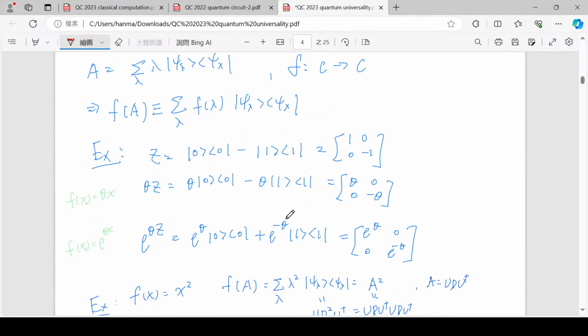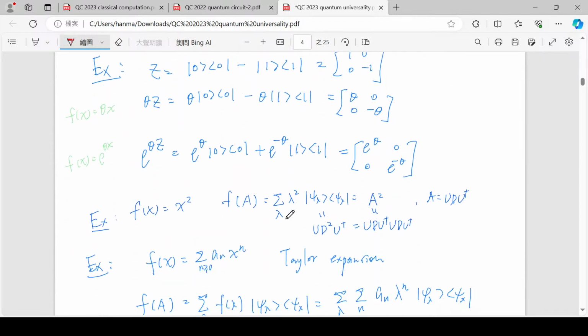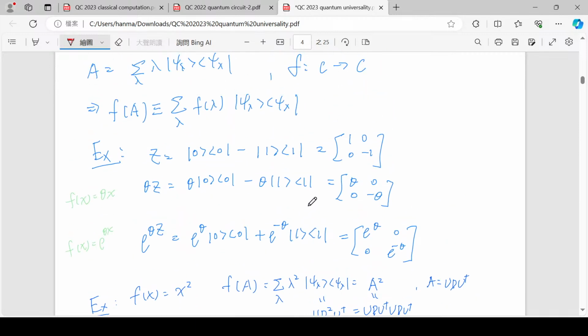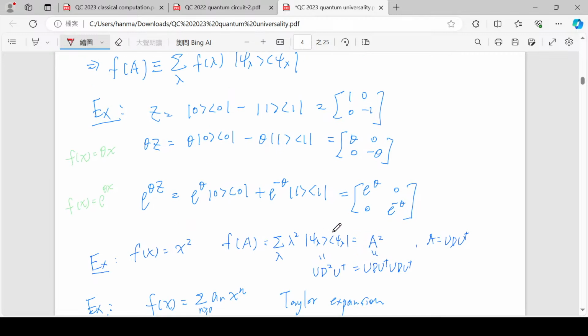So yeah, defining more matrices. And you also see that when f of x equals x squared, then f of A is what you expect, A squared. It's the summation of lambda squared projected onto lambda. You can think of A as U D U dagger, which is how you diagonalize A algebraically.